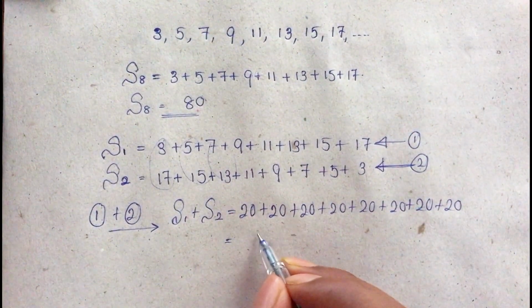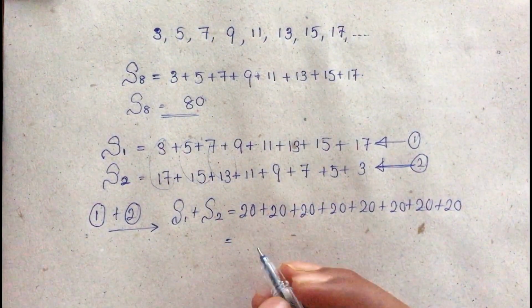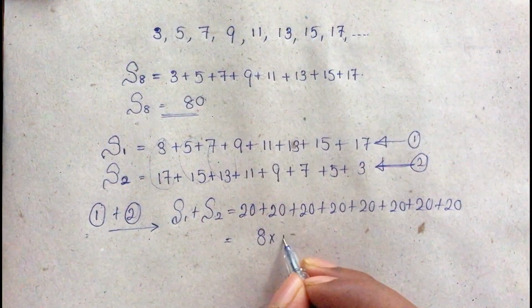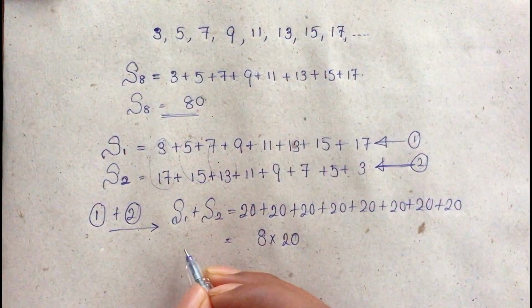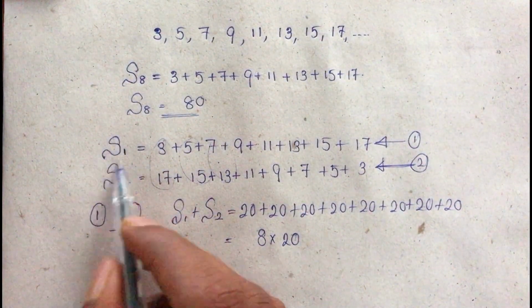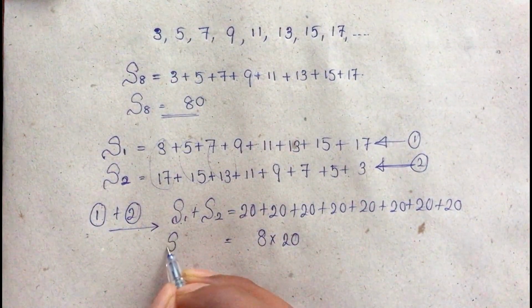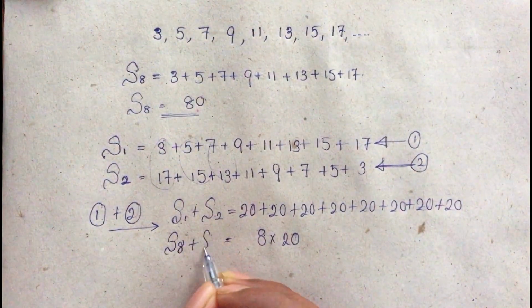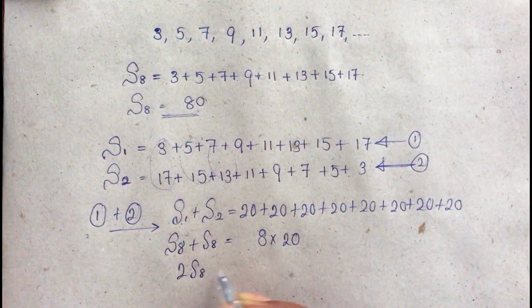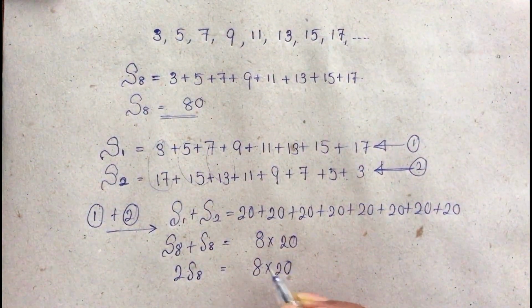On the left hand side, you can see S1 and S2 are the same term. I put S1 and S2 as the sum of those 8 terms. Then we can write it as S8 plus S8, which is 2S8 as a notation, and the right hand side is 8 into 20.